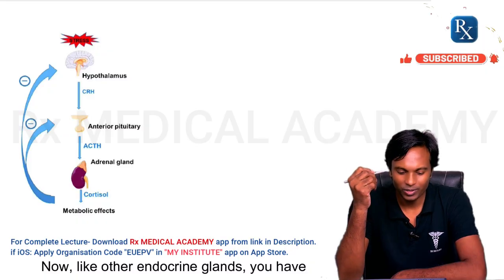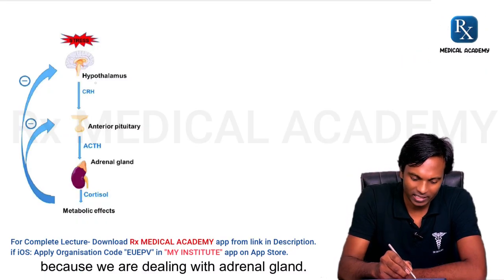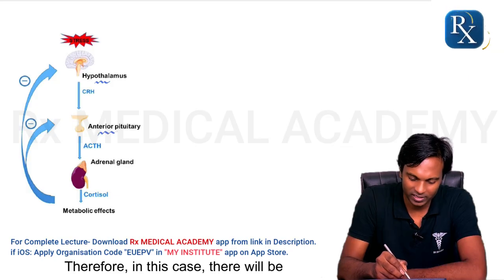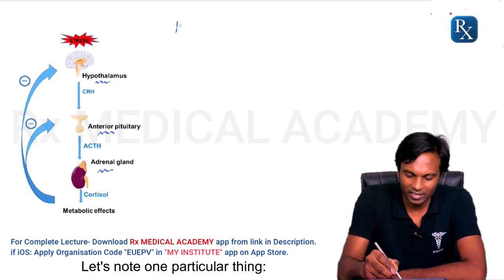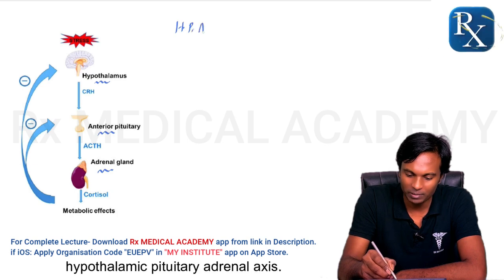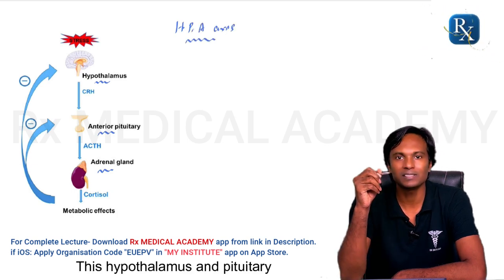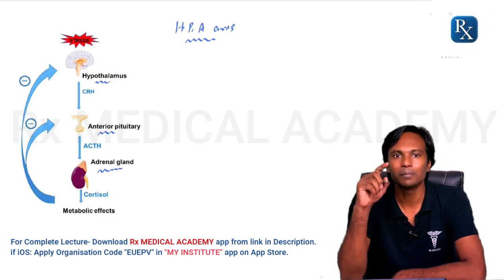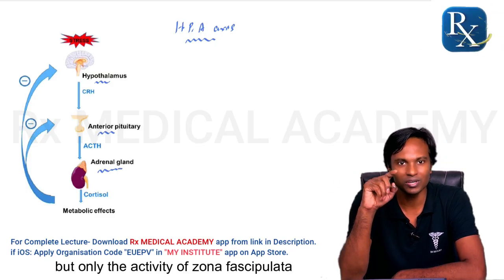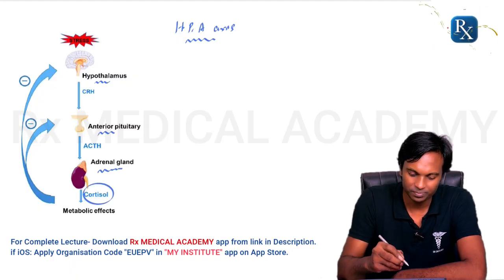Now, like other endocrine glands, you again have the hypothalamic pituitary axis. Because we are dealing with the adrenal gland, in this case there will be the hypothalamic pituitary adrenal axis. Let's note one particular thing: hypothalamic pituitary adrenal axis. This hypothalamus and pituitary will control the activity of the adrenal gland, but only the activity of zona fasciculata, resulting in more cortisol secretion.